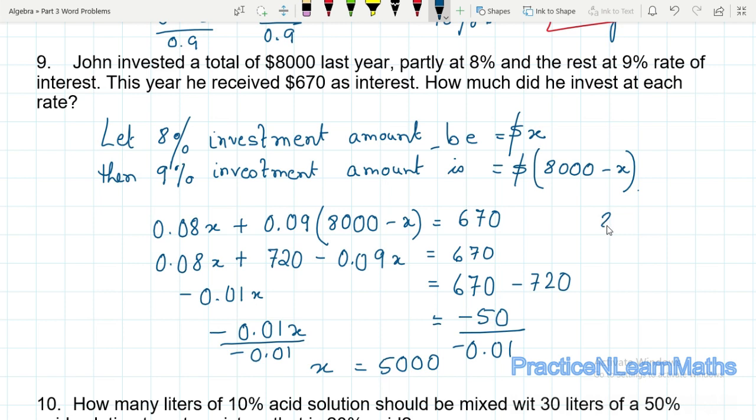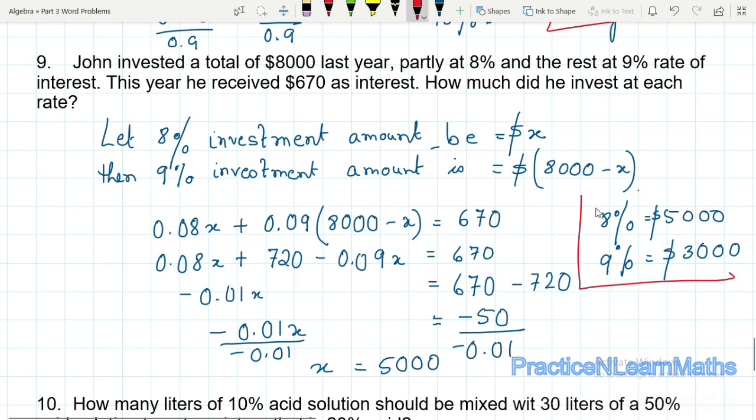So the 8% investment is $5,000 and the 9% investment is 8,000 minus 5,000, which is $3,000. So that is the answer.